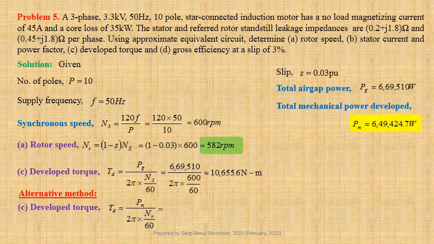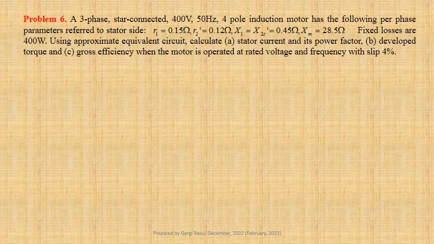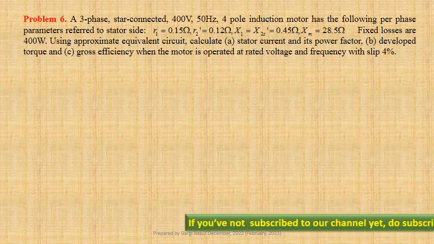Therefore, Td equals 6,49,424.7 divided by 2 pi into 582 by 60, which is approximately equal to 10,655.6 Newton meter.